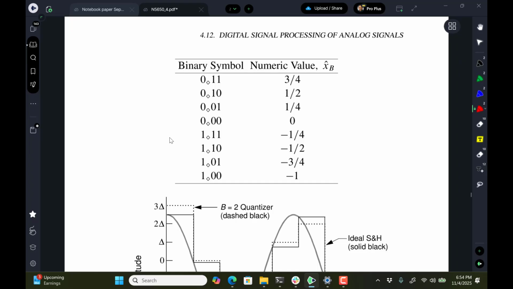So this just shows you how you could represent our 8 levels in our quantizer. We've got the negative values here, we've got the 0, and then we've got the positive values.